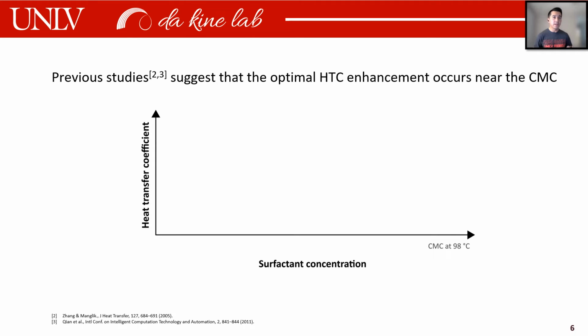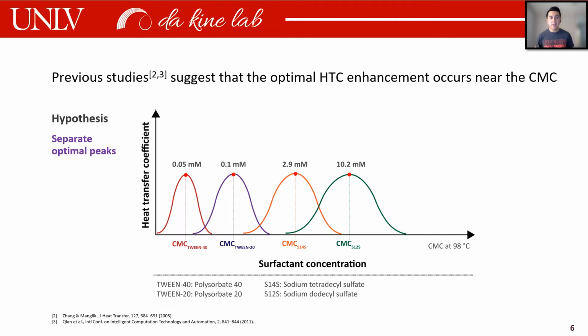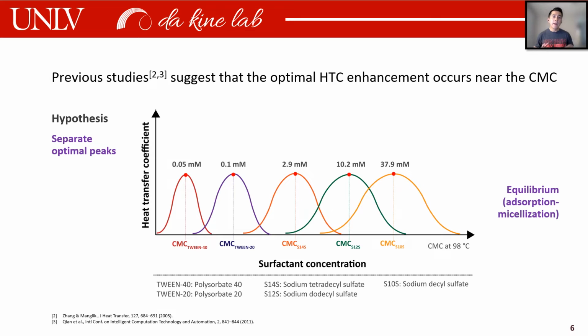The hypothesis here is that there should occur separate optimal peaks for a wide range of surfactants, surfactants with low CMC and surfactants with a higher CMC, and this is for the case where the absorption and micellization equilibrium occurs.